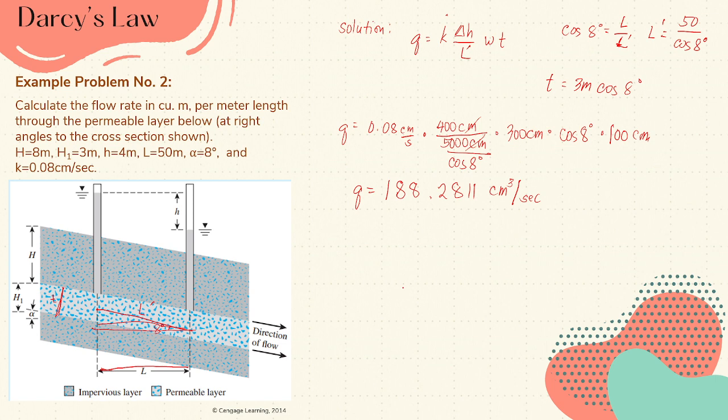If we are going to convert this to meters, you will get 1.88 times 10 raised to negative 4 cubic meters per second. So simply divide this by 100 raised to 3 to get cubic meters per second.